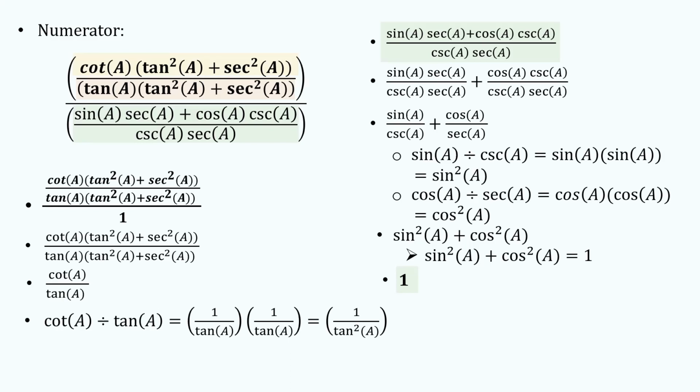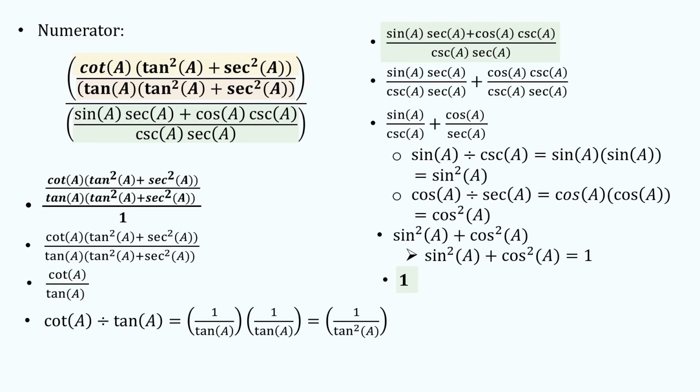And we have established from the prior processes that dividing a term by its reciprocal would ultimately result in the squaring of the first term, which we can show in this example. The 1 over tangent of A, which is equal to the cotangent of A, divided by the tangent of A. Because we are dividing, we are going to multiply by the reciprocal of it.